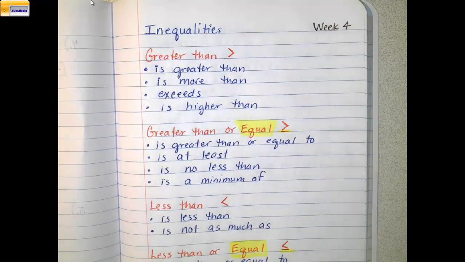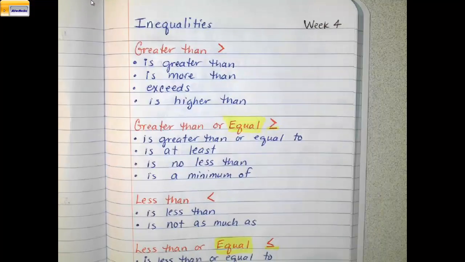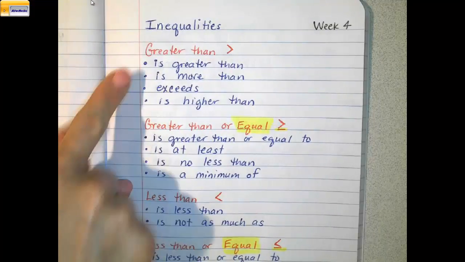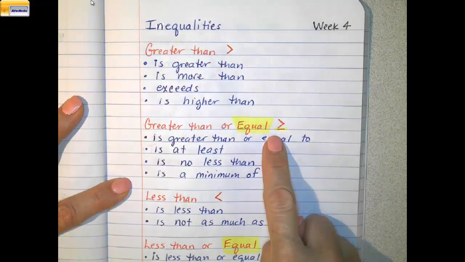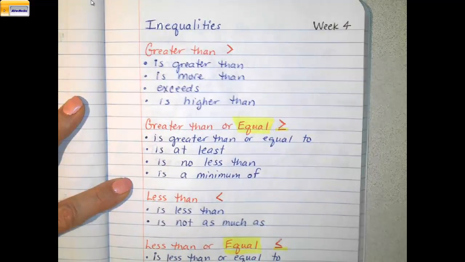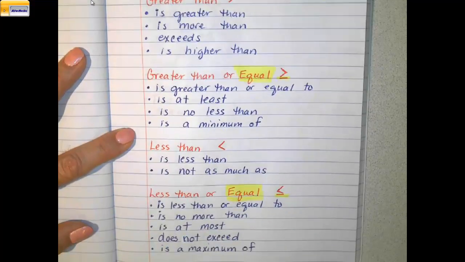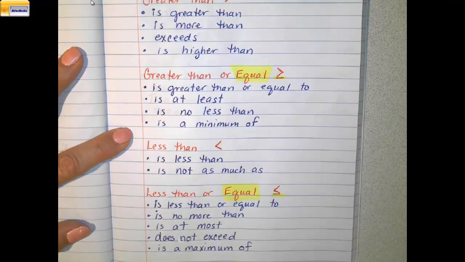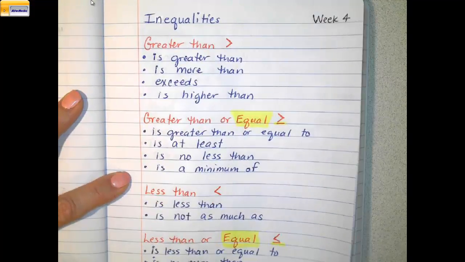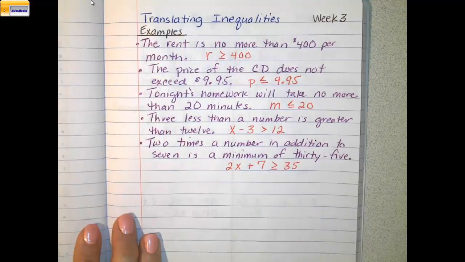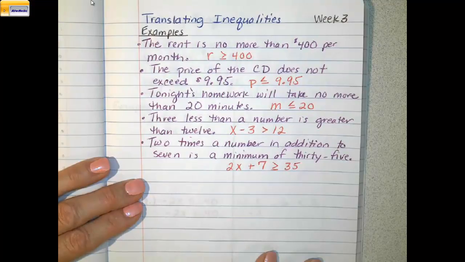At this point in your notes for inequalities, you should have a page of notes that lists the commonly used phrases for greater than or equal, less than, and less than or equal. So you should have all of these phrases copied into your notes. You should also have the 5 examples that we just did translating inequalities.